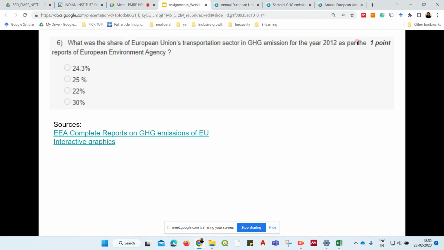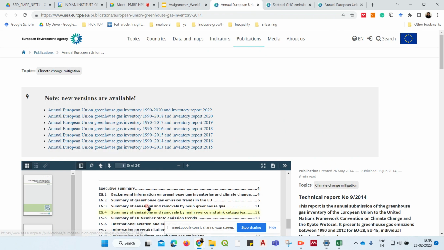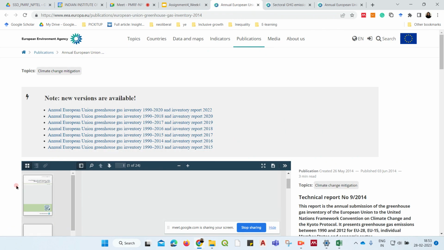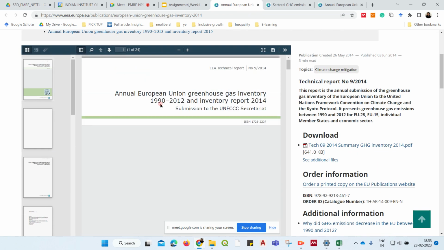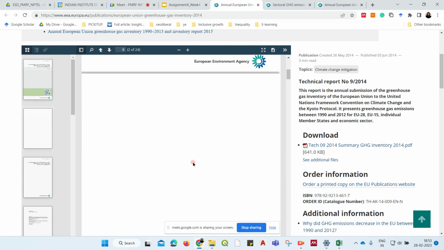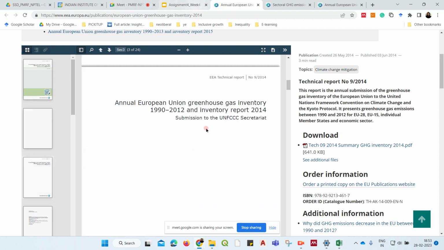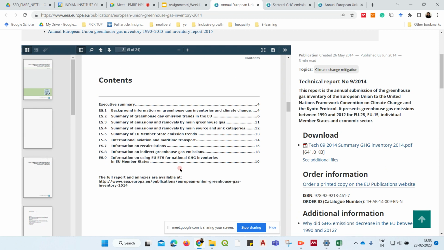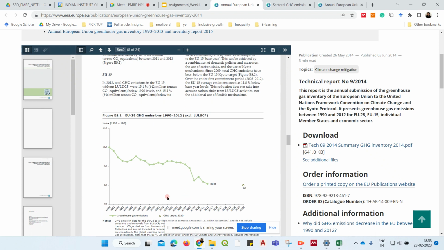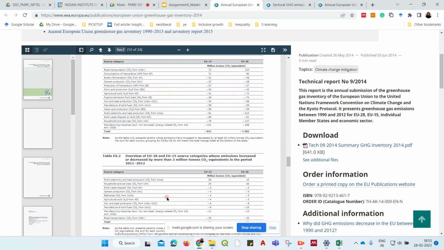So for example, here they are asking in the question for 2012. So this is the report for year 2012. So from 1990 to 2012, you can see. So you can go through this report and you can see the specific metrics they are asking for.